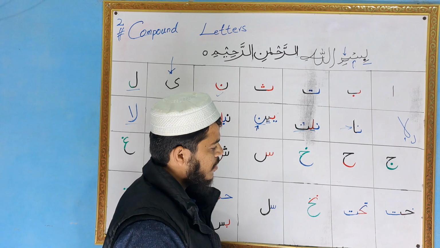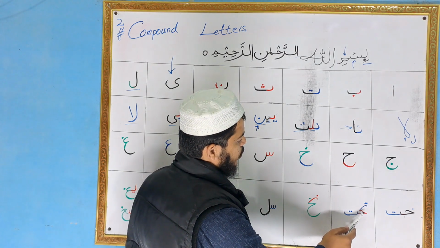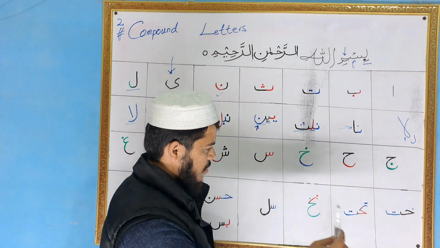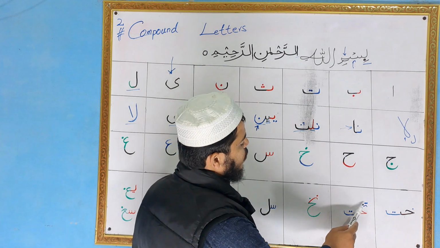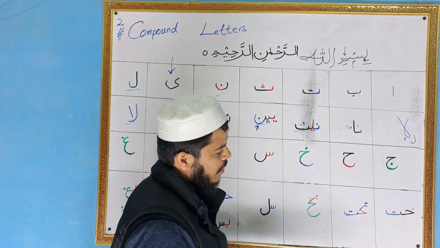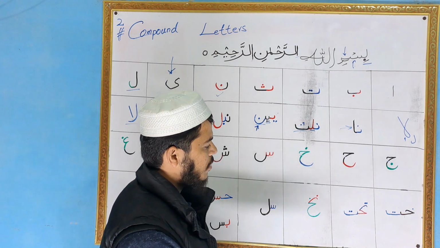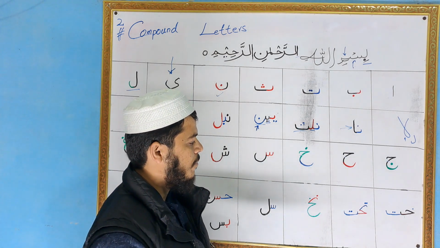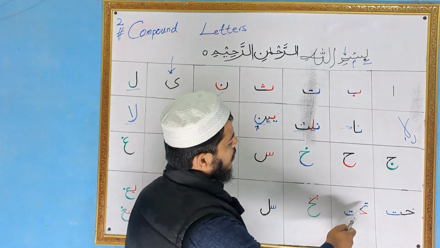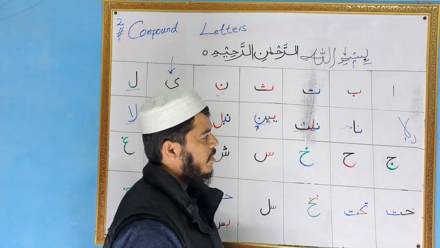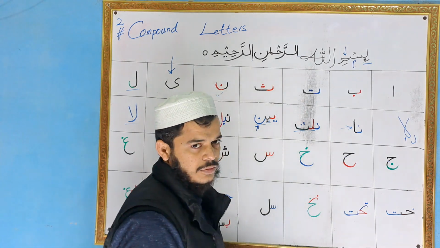Very easy. Similarly, this one, you see this weird rounded shape, but it has two dots on top. So whatever shape comes, with two dots on top, or one dot in the bottom, or two dots in the bottom, a weird curve, we will still consider it ta, because ta is the only letter which has two dots on the top.